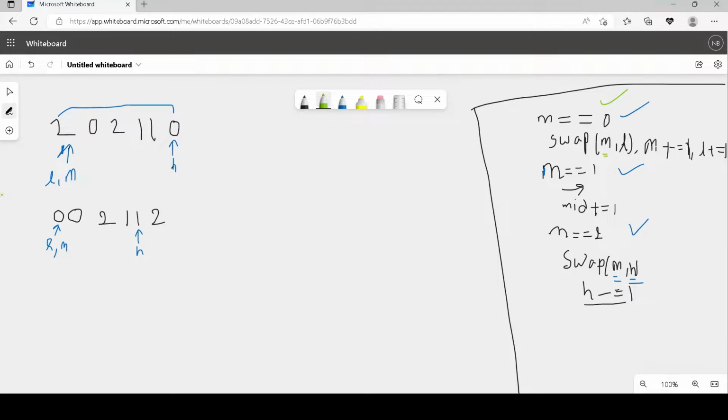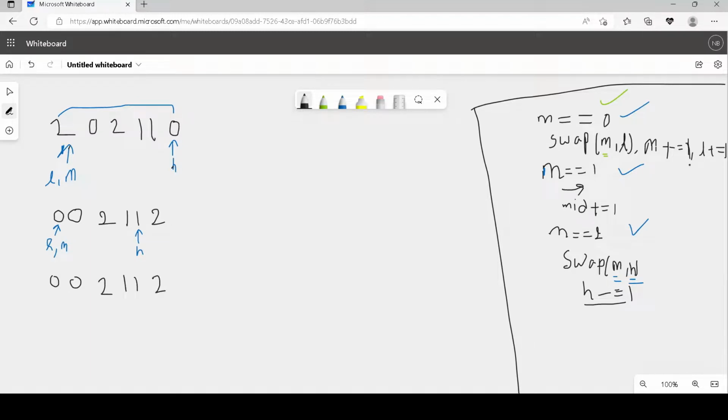I will swap both the elements. They are both at the same index, so after swapping, the array will be the same. There will be no change in that.